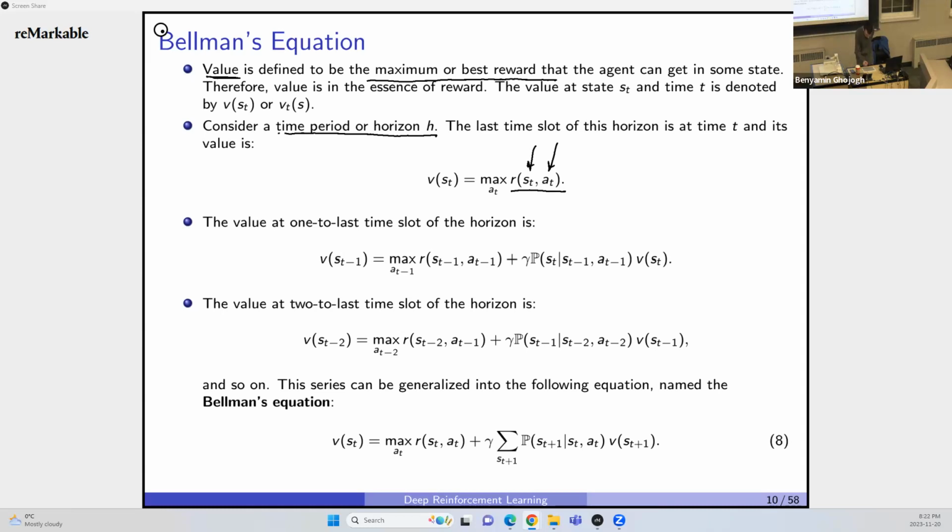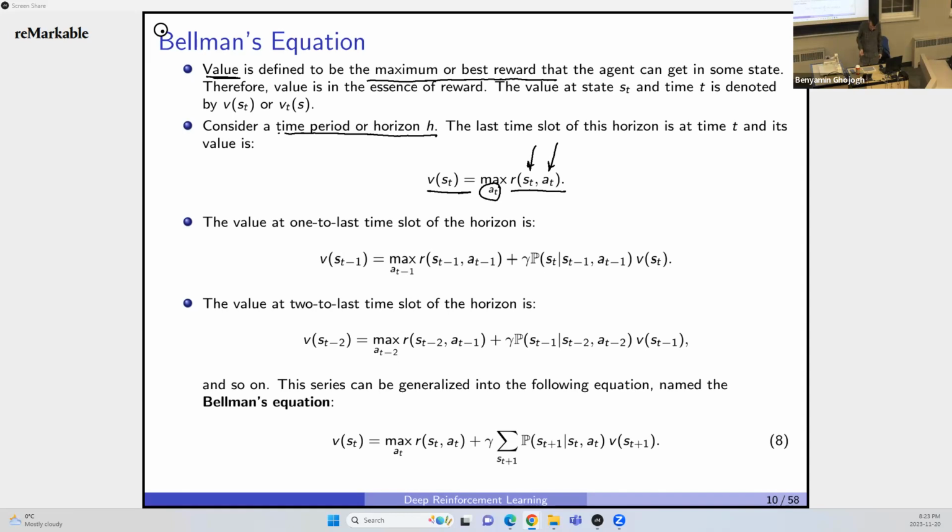So maximize this with respect to the action. Which action I do in this last step, so I win. So I get the reward, maximize that. I call it the value at state S_T. So far clear?